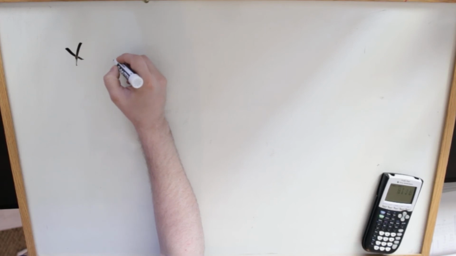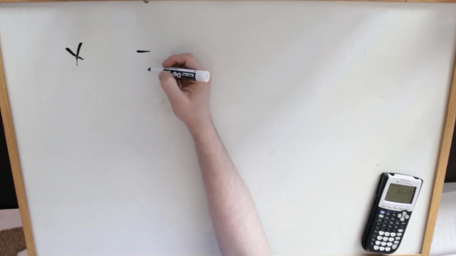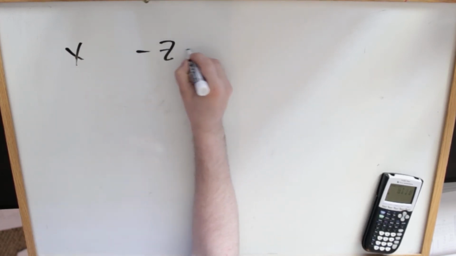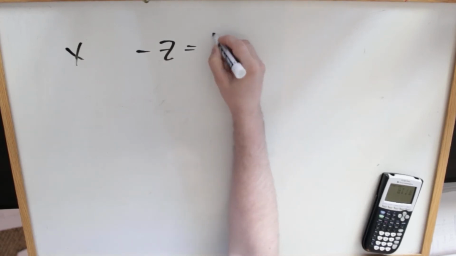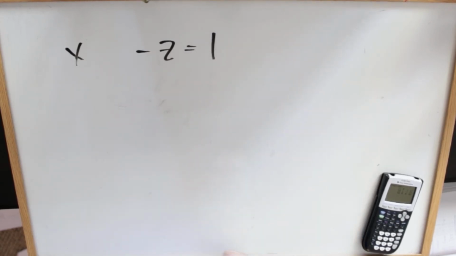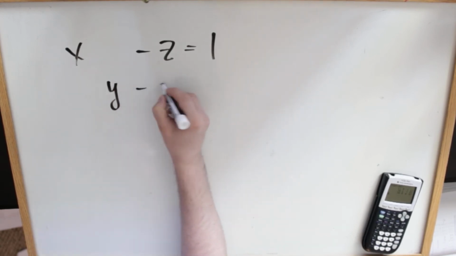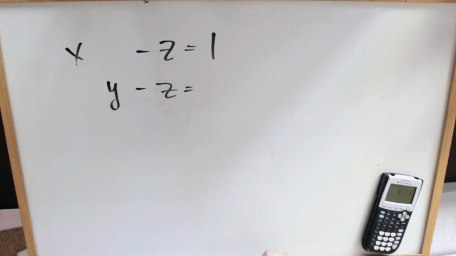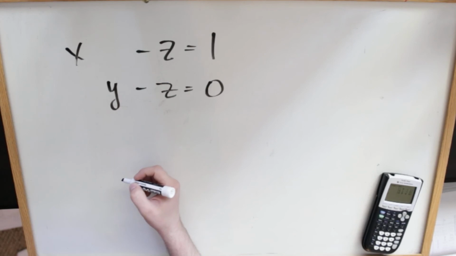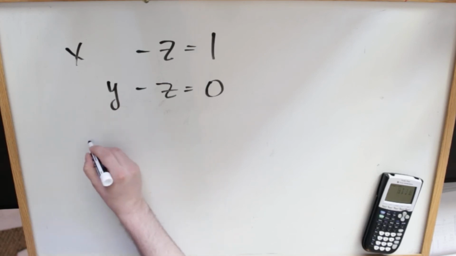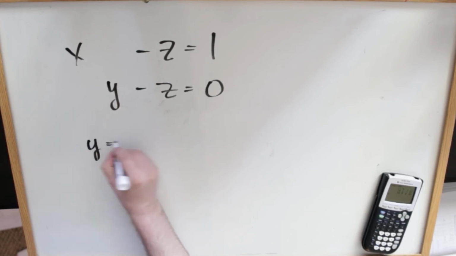x minus z is equal to 1. And we also have y minus z is equal to 0. Okay? So in this case, let's start with this lowest one. We have y is equal to z, actually.